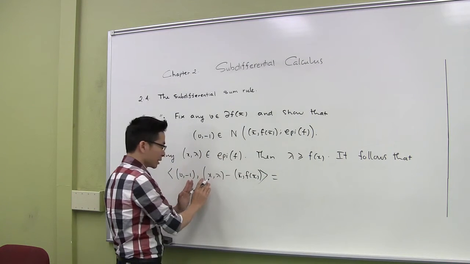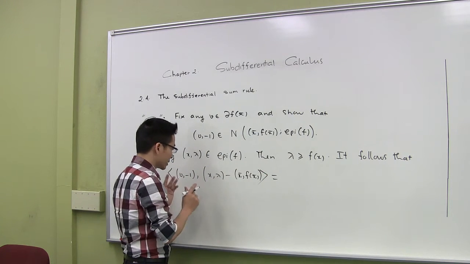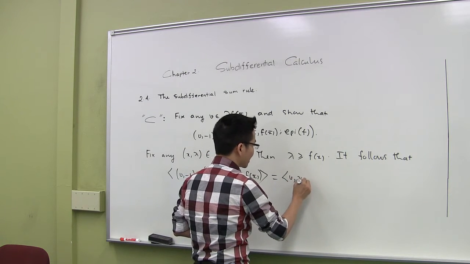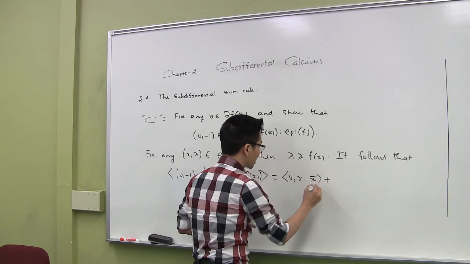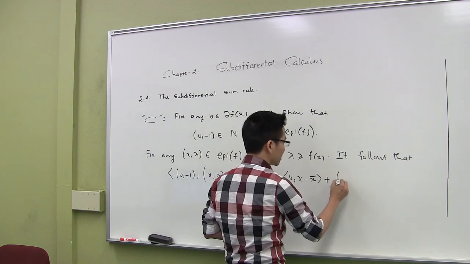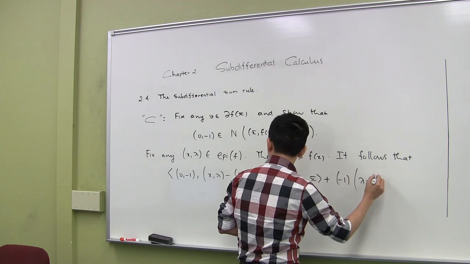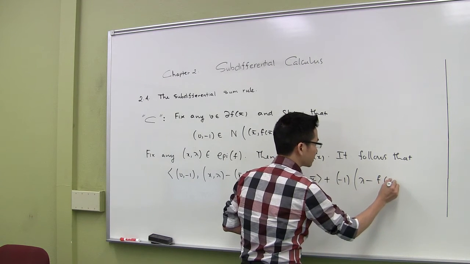This is the inner product in R^(n+1). It can be written as the inner product of v and x minus x bar plus (-1) times lambda minus f(x bar).